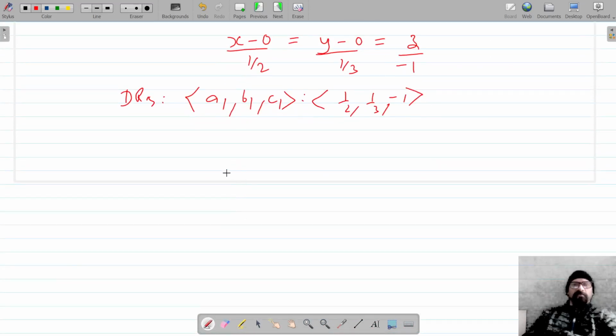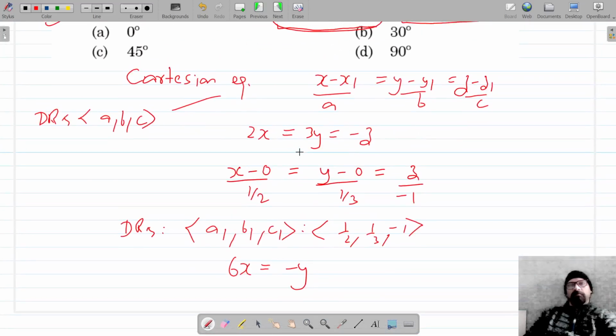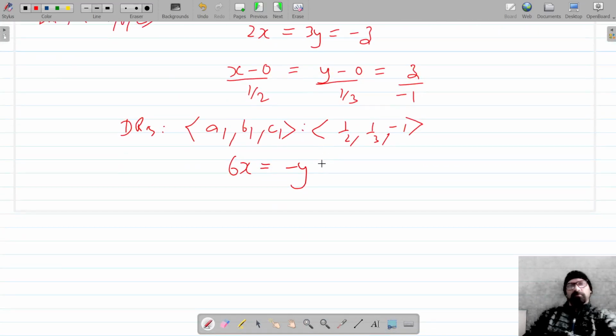Now the second equation is 6x is equal to negative y is equal to negative 4z. So this is x upon 1 by 6 is equal to y upon negative 1.